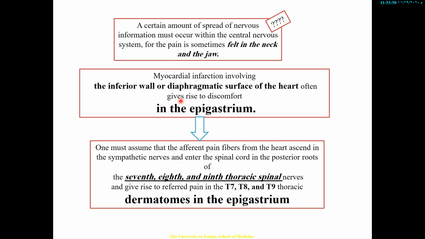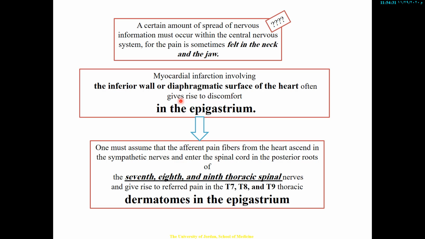The bottom line is that epigastric discomfort, in a certain group of people of course, you have to ask about, investigate, and think about the diagnosis of myocardial infarction. And as we said from the beginning of this lecture, not all patients with myocardial infarction would come and complain about severe pain in their chest.